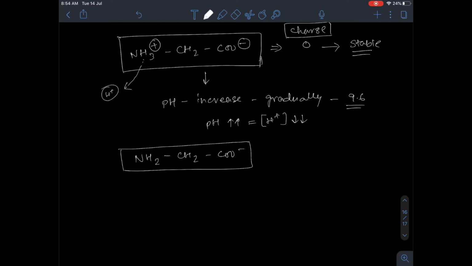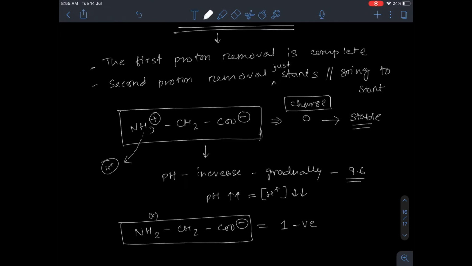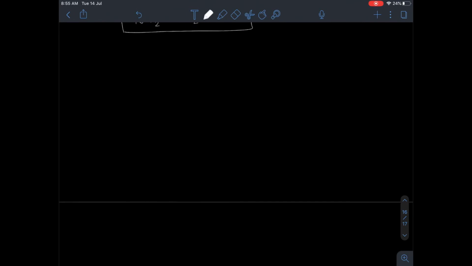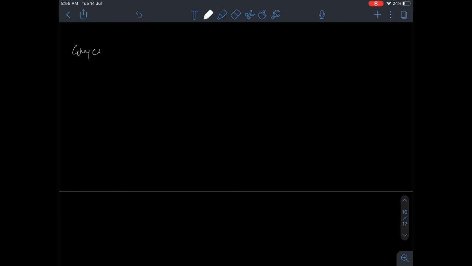So there will be NH2, CH2, COO negative. There is no charge on the amino group but one negative charge on the carboxyl group, so the total charge will be 1 negative. So at very low pH there will be one positive charge and at very high pH there will be one negative charge.